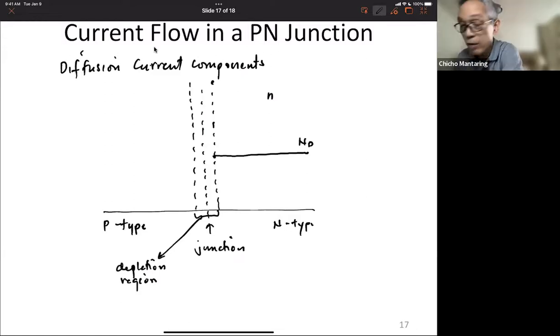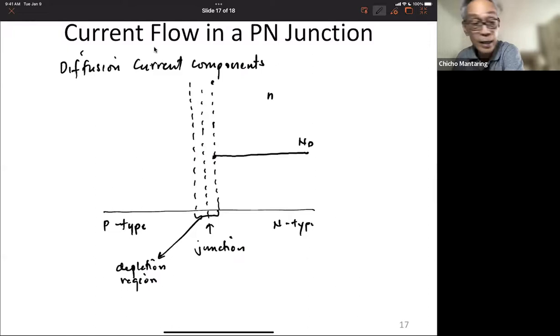And as soon as, well, the electrons from the N side are going to sweep across the depletion region, and then are going to end up on the P side, okay?